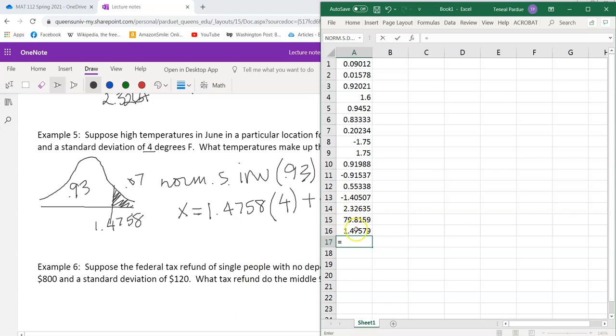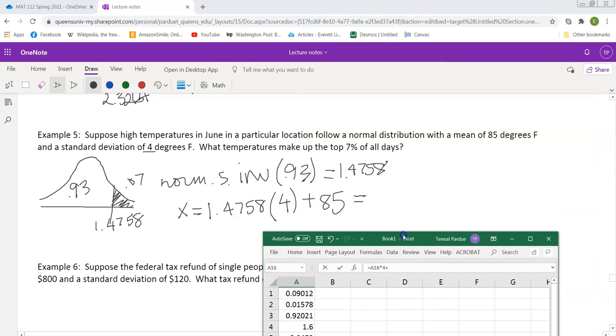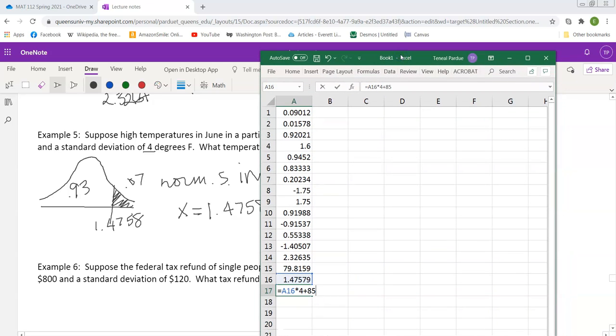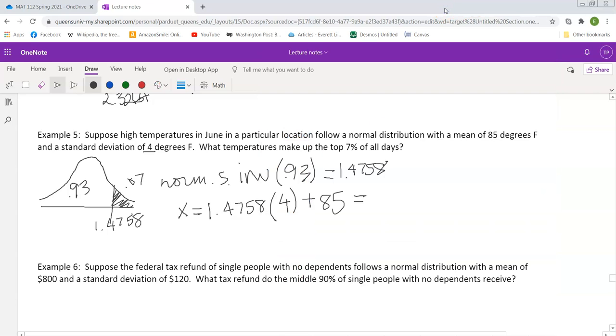We multiply the value we found by sigma and then add mu, 85, and we get 90.9032 degrees Fahrenheit. So the top 7% of all days would correspond to a temperature of 90.9 degrees or above.